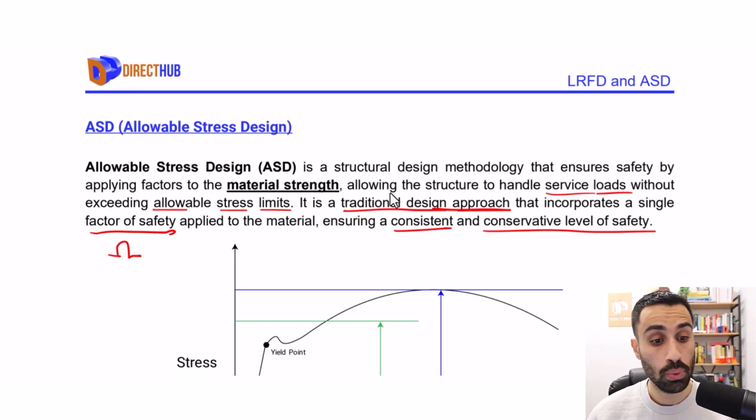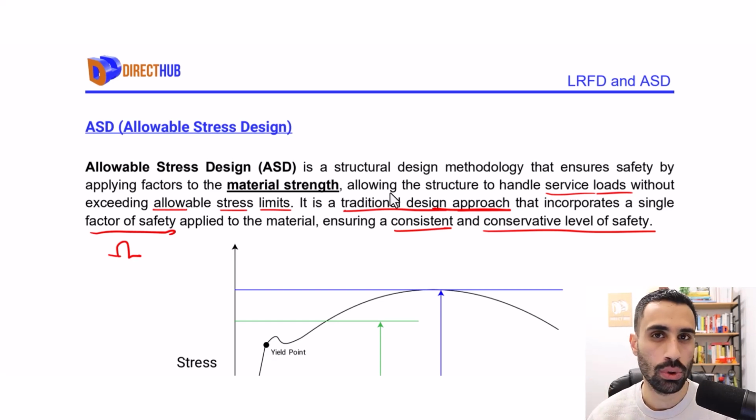So this one here, ASD, is more traditional, and it will be more conservative because we're going to be in the elastic region for this, but it is not used for concrete design because we know concrete does not always behave elastically.